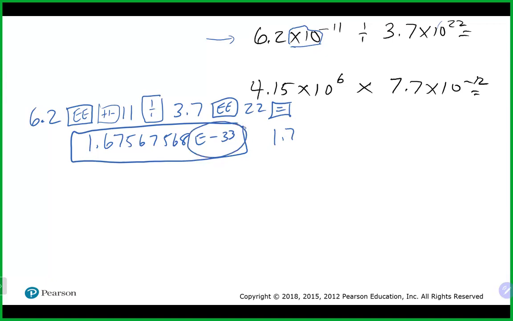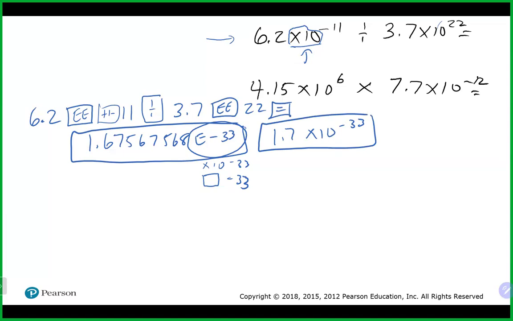On some calculators, it may actually say times 10 to the minus 33, or it may have a little space and then minus 33 next to it, depending on your display. So if you look to the right of your answer on your calculator, that is the rest of the number. The answer here is not 1.7. Remember that the E stands for the times 10 part. So times 10 to the minus 33 would be the correct answer in this case.